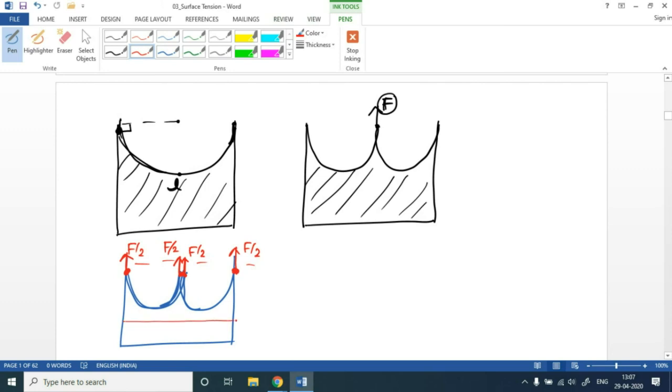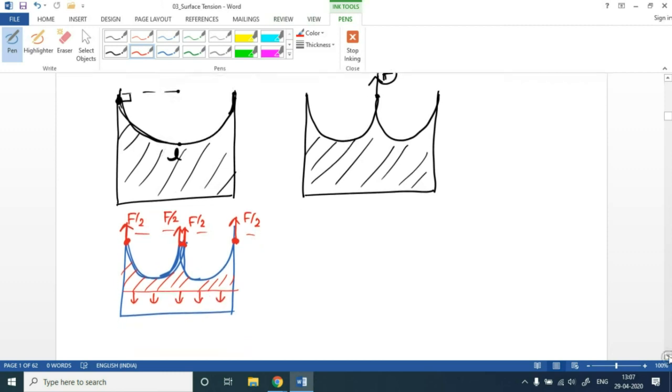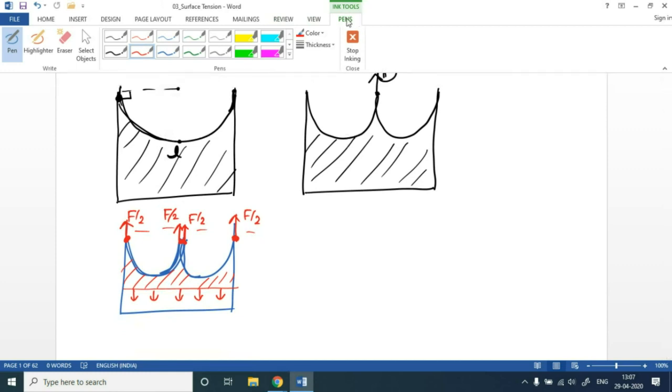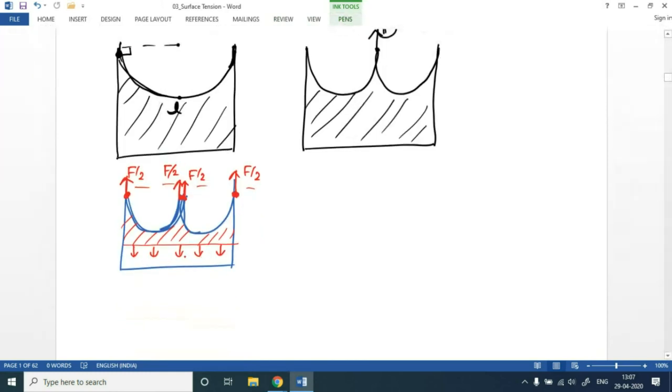And now let's imagine this section of membrane, and let's take the equilibrium of this section. Obviously it is experiencing 2F force in the vertically upward direction, and it would be experiencing some surface tension force in the downward direction. So what would be the magnitude of this force? Let's take this radius as R. So this total length would be 4R.